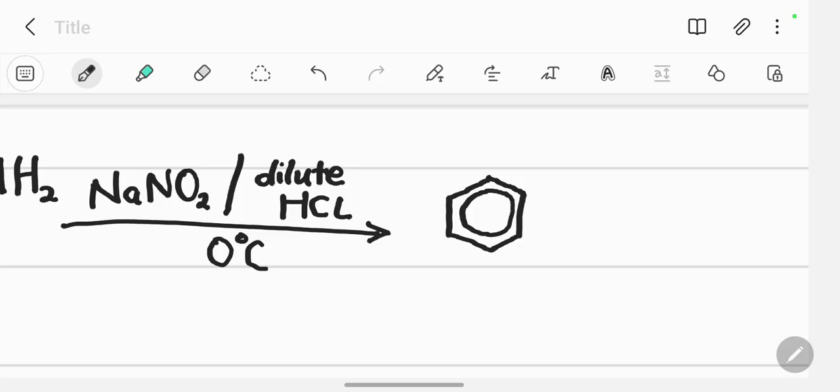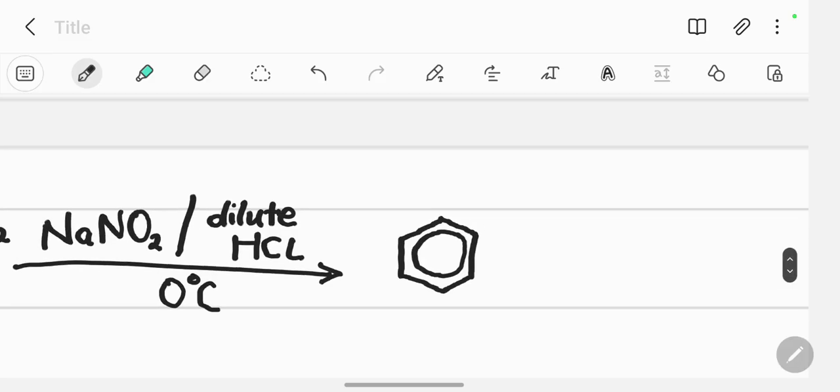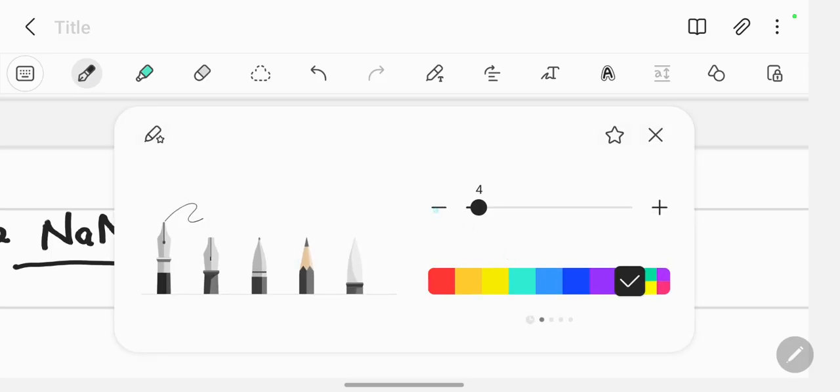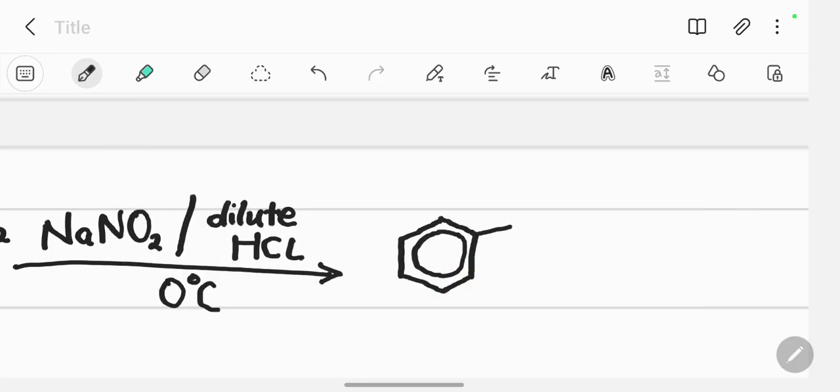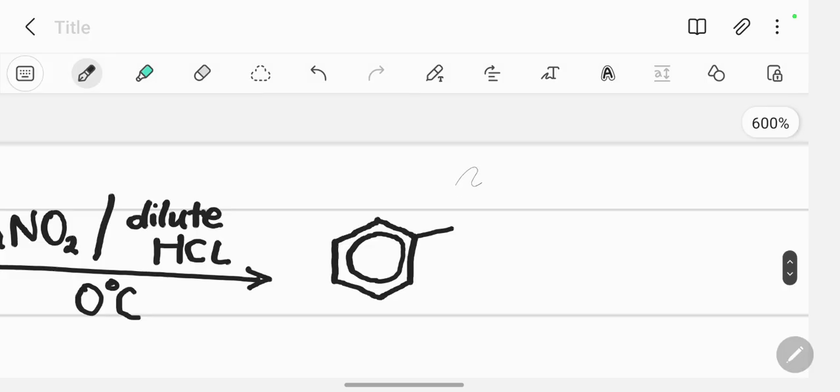We end up with benzene diazonium chloride. So we end up with a nitrogen there with a plus and triple bond, nitrogen, and the chloride there.